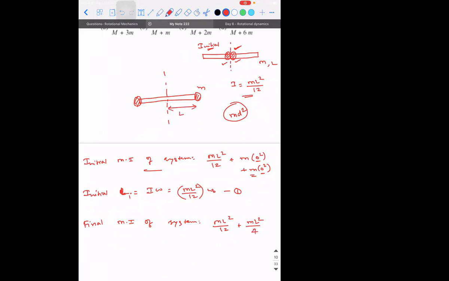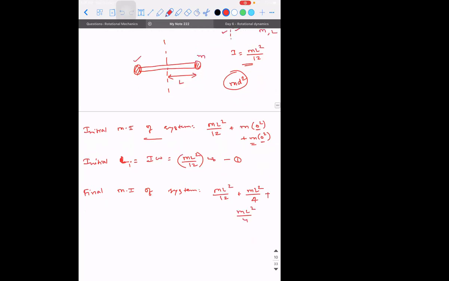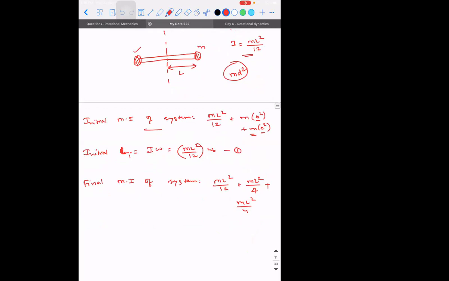Then it is ml square by 4 plus for this it will be ml square by 4. So what is the total moment of inertia? It is ml square by 12 plus 6 ml square by 12, that is 7 ml square by 12.